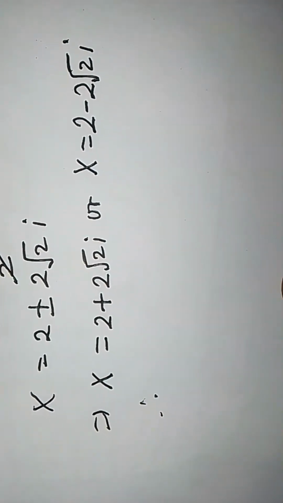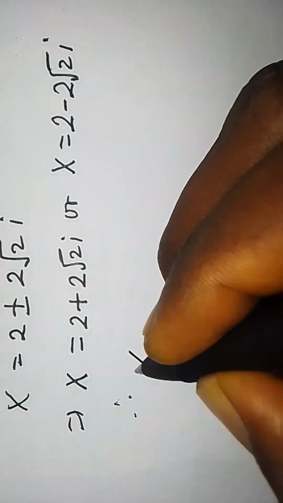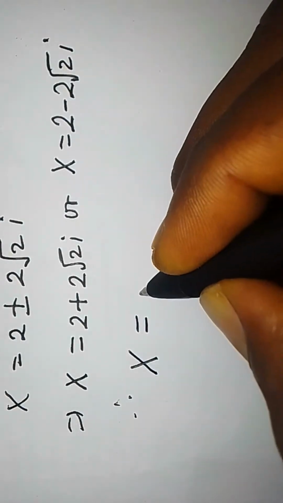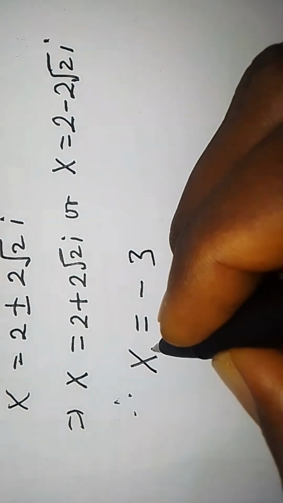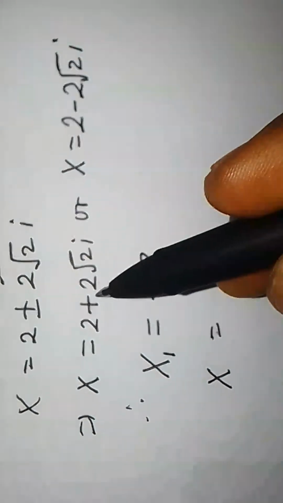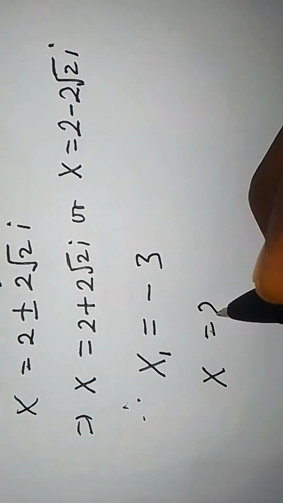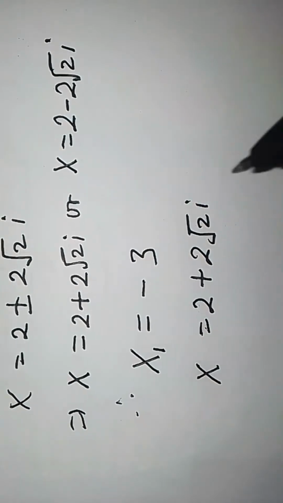Therefore, all the solutions that we have for this algebraic equation are x equal to minus 3. That's the first solution. Let's call it x1. X equal to, this is the second solution, 2 plus 2 root 2i.